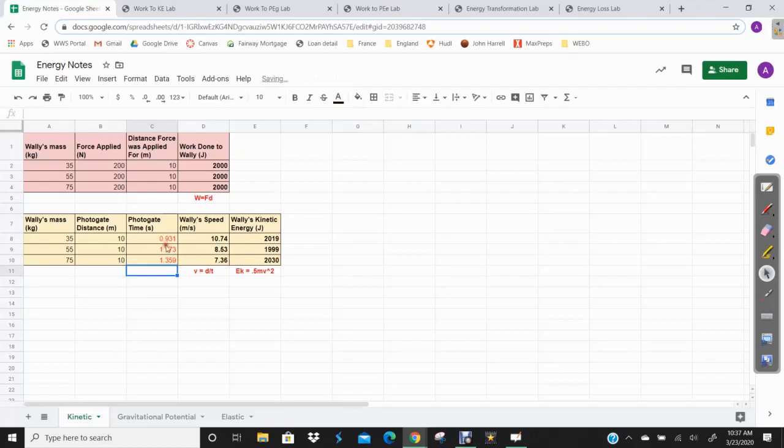So again, the time it took him increased because his mass increased. So with greater mass, it's harder to accelerate that object, and it won't be moving as fast when we stop applying that force. So his speed is decreased, and you can see again, we're right around that 2,000 joules mark of energy that was gained by Wally. So you can see that that works out pretty well there.